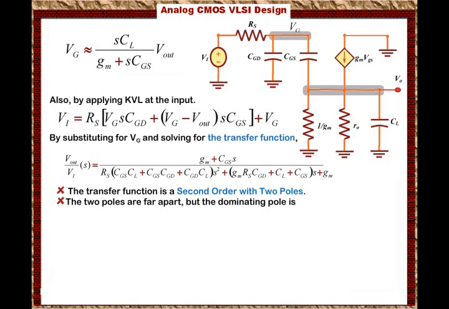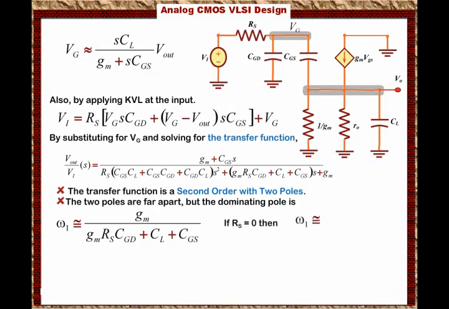So the dominating pole, the first pole, which we're going to call omega 1, approximately equals GM over GM times RS times CGD plus CL plus CGS. If we set RS equal to 0, then omega 1 approximately equals GM over CL plus CGS.